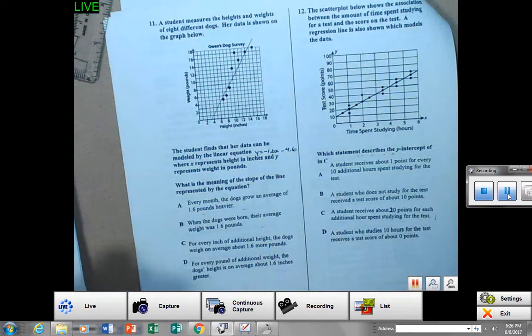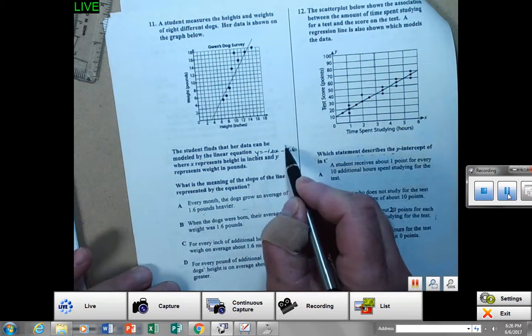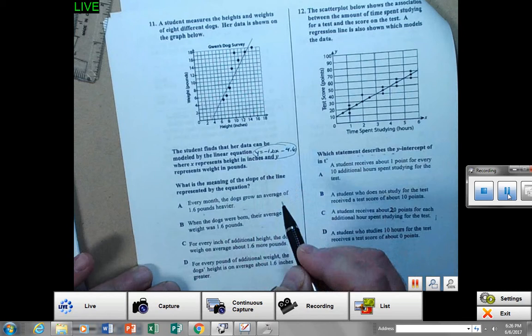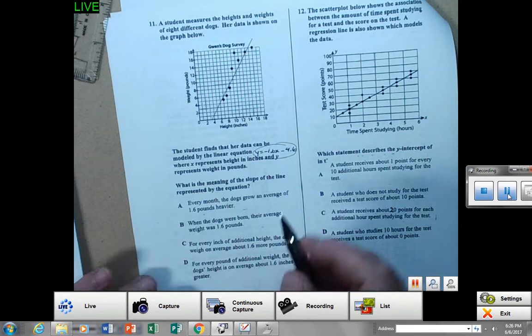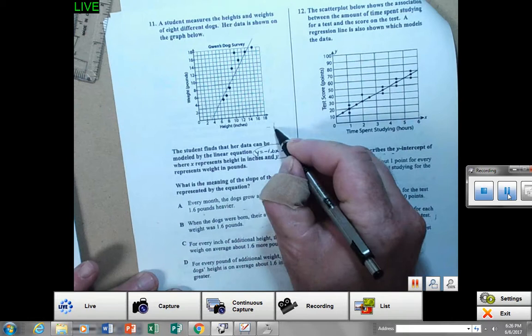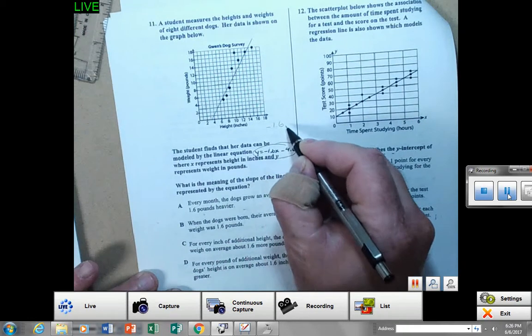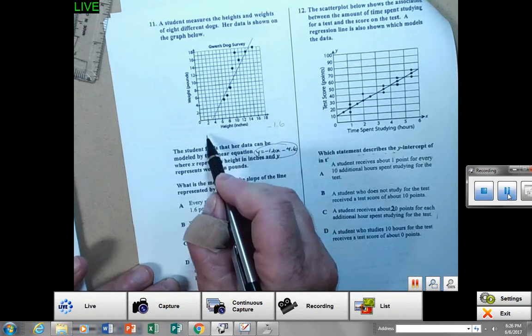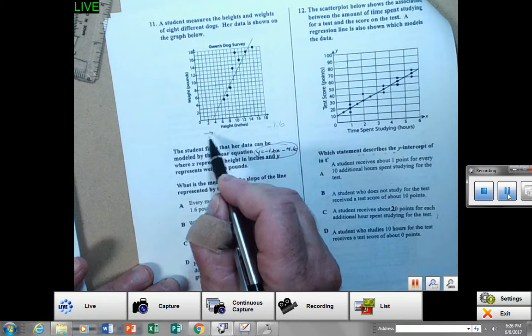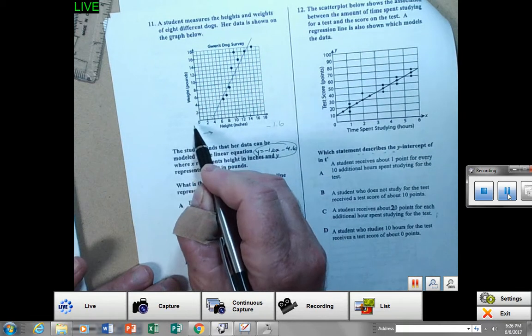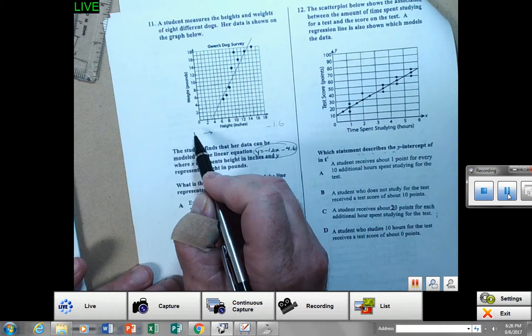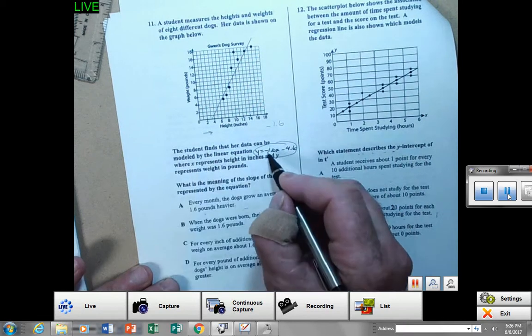It says the model is negative 1.6 minus 4.6. So again, this is the slope, negative 1.6, which means every time I go over 1 to the right, my height, 1 inch, I go up. I'm sorry. Model by, we'll say this is plus right here. Sorry about that, you guys.